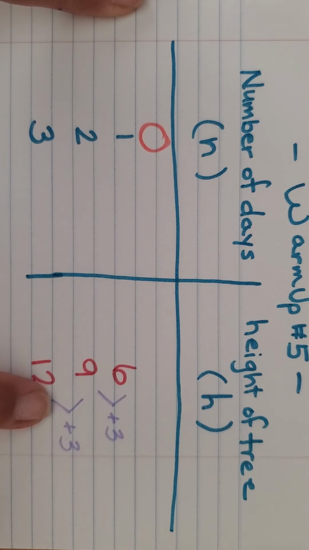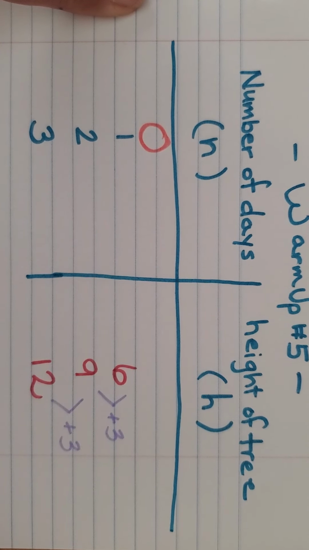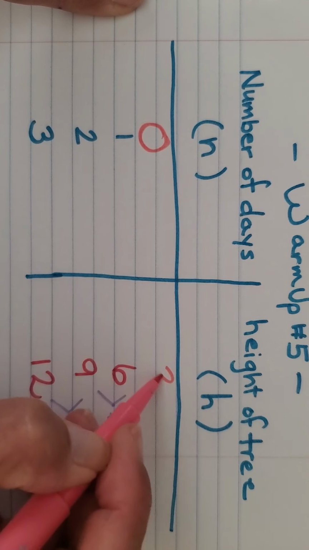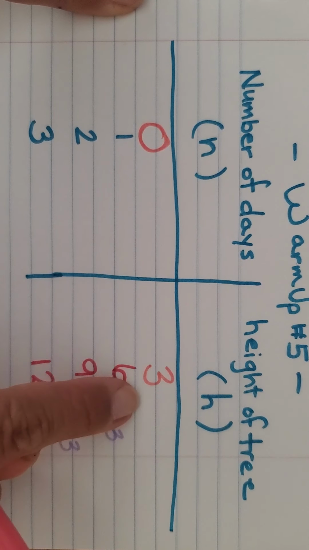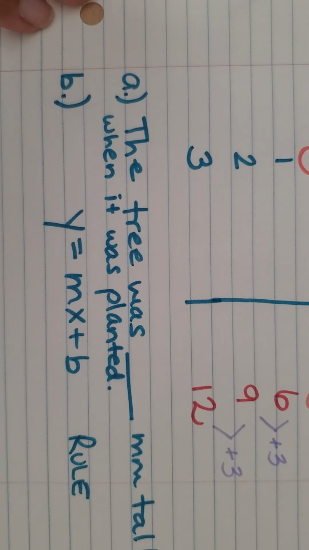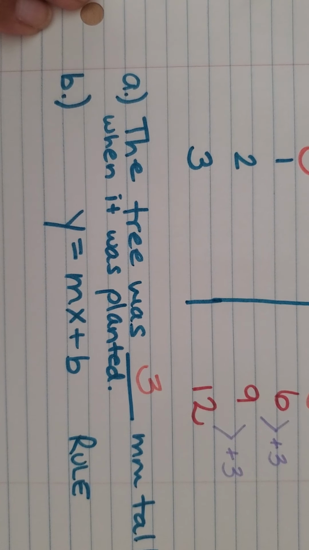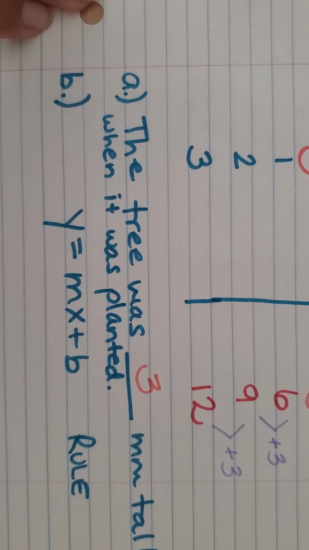So I'm just going to use this pattern and remove 3 from 6, and I believe that the height of the tree when it was planted was 3 millimeters. So it was just a little itty bitty teeny weeny plant on the day it was planted.